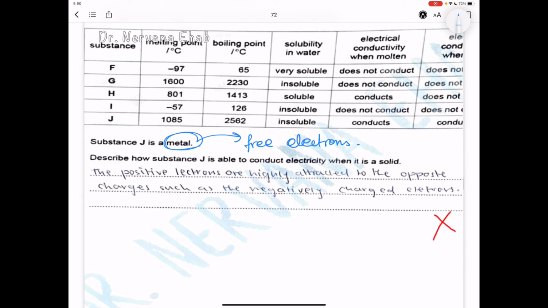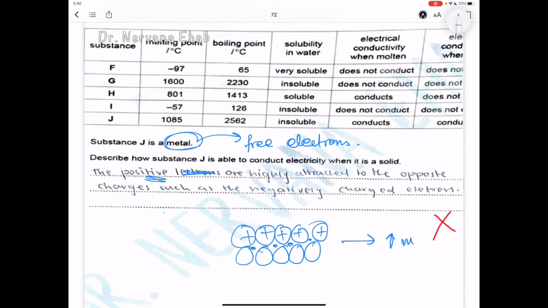So what did the student say? They said the positive electrons, electrons are not positive, okay, are highly attracted to the opposite charge as the negative charge. Okay, so I know what the student wants to say. So the student wants to say that these cations, the positive ions, not electrons, are highly attracted to the negatively charged electrons, those sea of delocalized electrons, and this actually makes metals have high melting and boiling point.